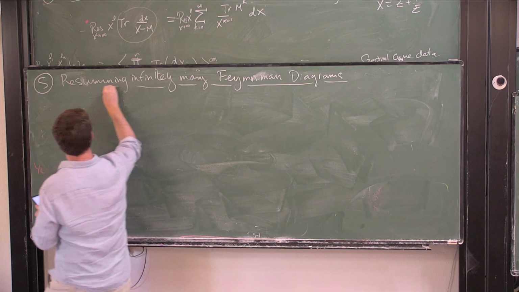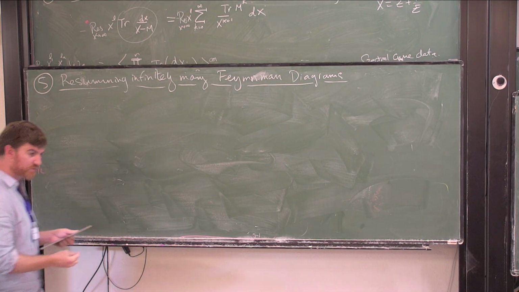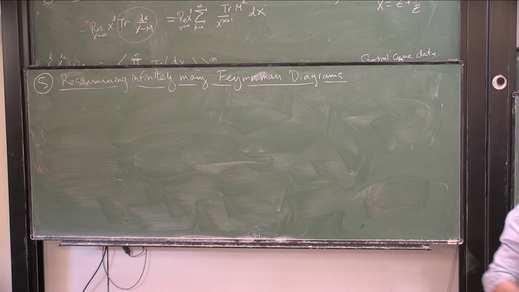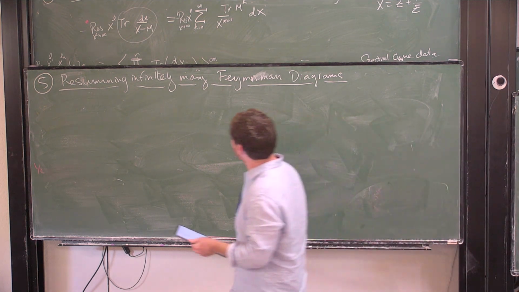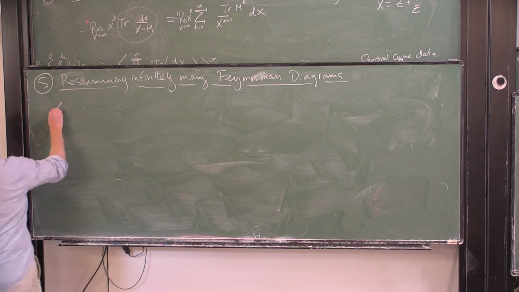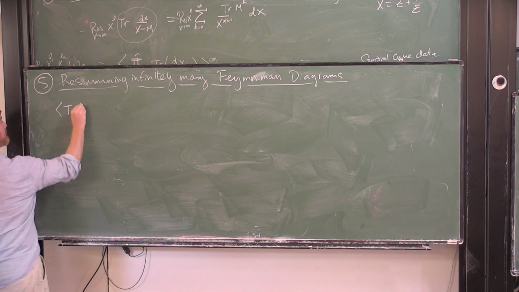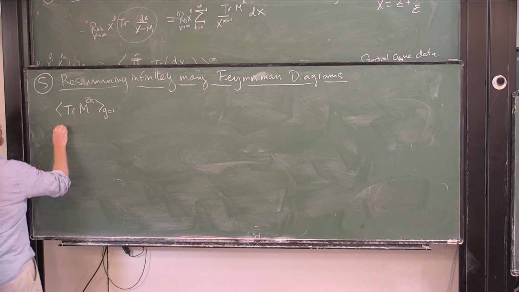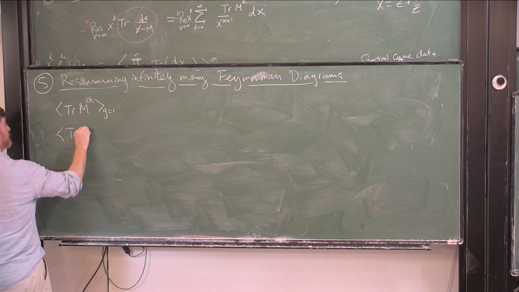This is one of the things I promised you in the abstract of these lectures, so I would like to deliver on that promise. What we're going to do is understand how we can compute something like what we did, the trace of M to the 2k at genus 1. Or, for example, a 3-point function.